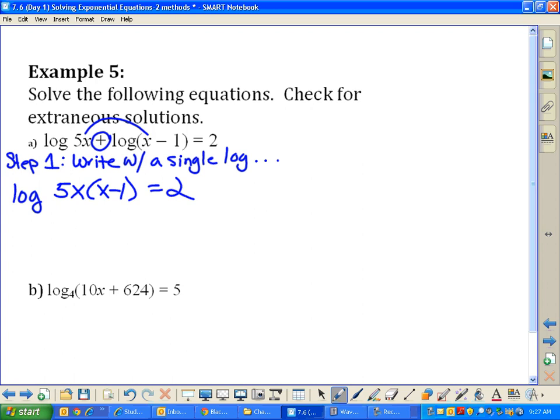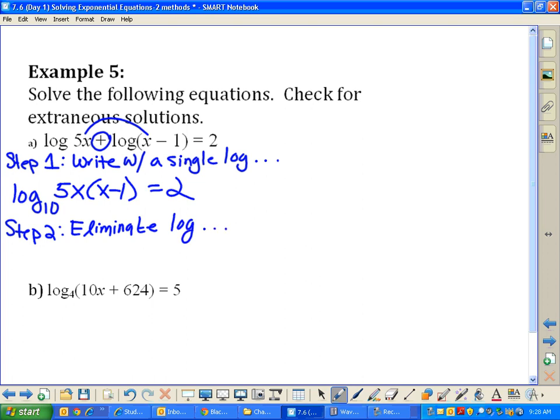Remember that if there is no base, it's automatically a base 10 logarithm. That's our common log. That was one of our vocabulary terms last week. So step 2 is to eliminate the log. And you have 2 tools from the previous slides.